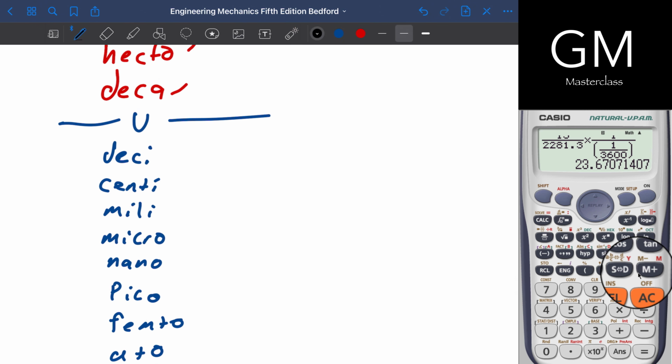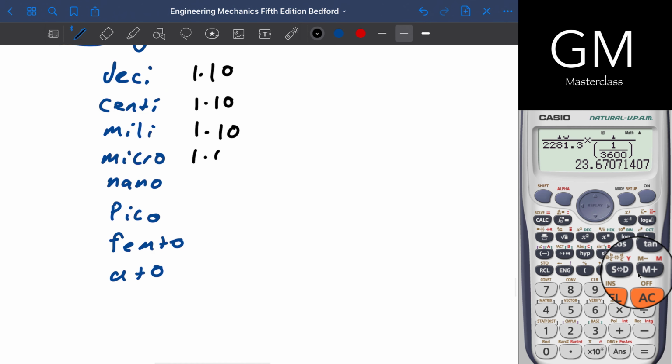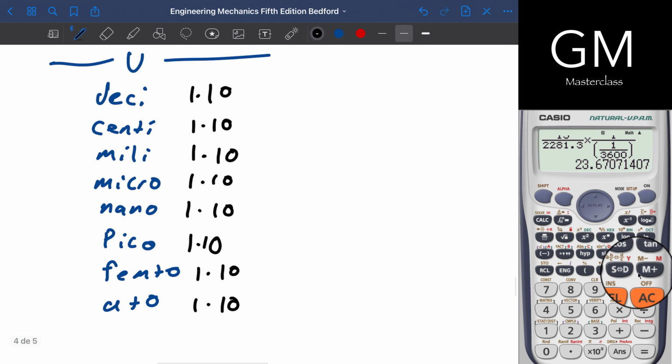And then the result is equal to 1 times 10, and so on. Times 10, and this 10 is going to have a power.